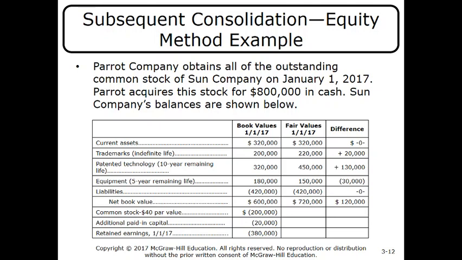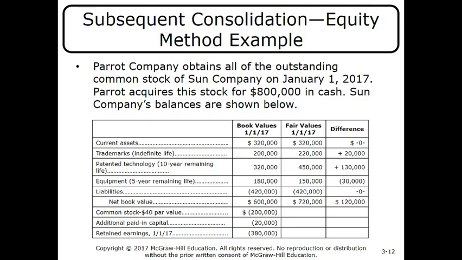Parent acquires the stock for $800,000 in cash. The net book value of the assets acquired and liabilities assumed is $600,000. The fair values of all those assets acquired and liabilities assumed is $720,000. You can see the difference there is obviously $120,000.